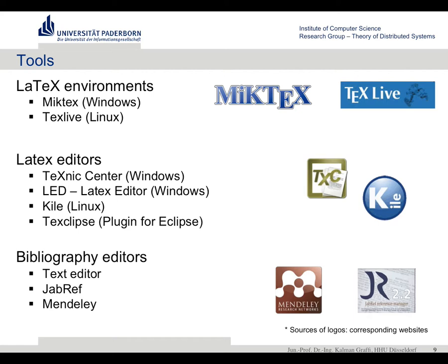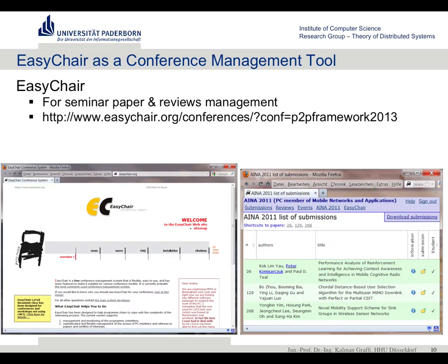For Mac, there are also some solutions, but for Mac I would recommend to install a virtual machine with Linux and use Kile. For bibliography editors, you can use JabRef or Mendeley. There are some programs really supporting bibliographies. I personally prefer text editors. There you see most of what's happening, but that's more a question of taste, probably.